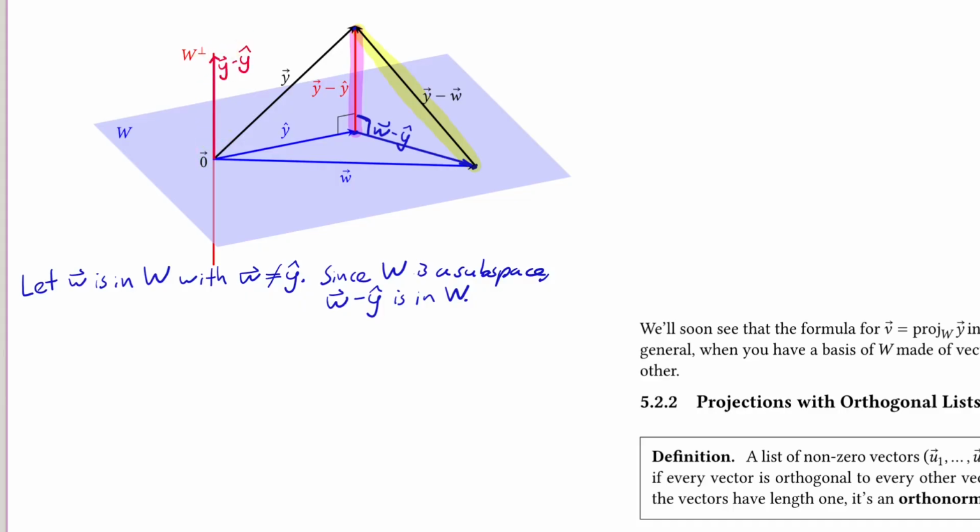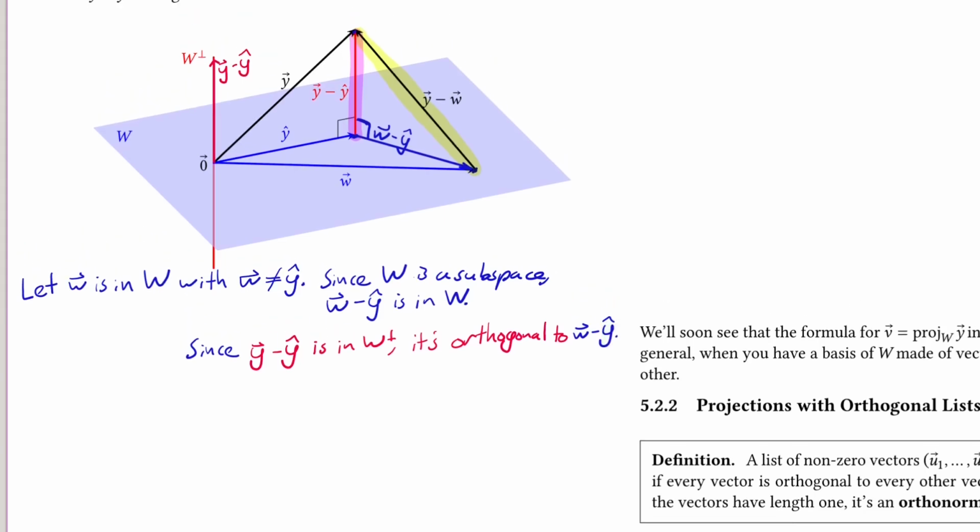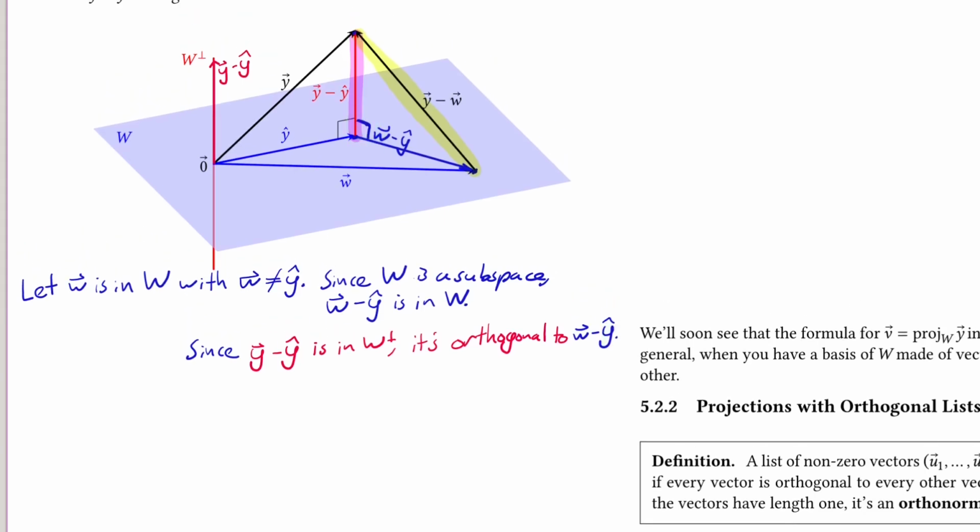The definition of W perpendicular is that it's perpendicular to any vector in W, including the vector w minus y hat. So that means this is a 90-degree angle here, and we can use the Pythagorean theorem to describe this triangle.